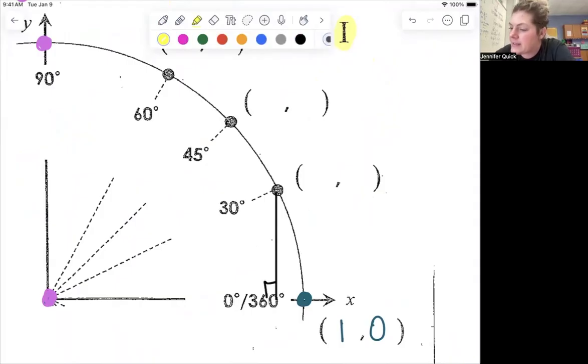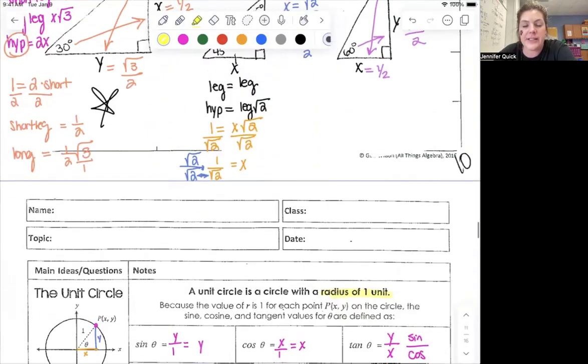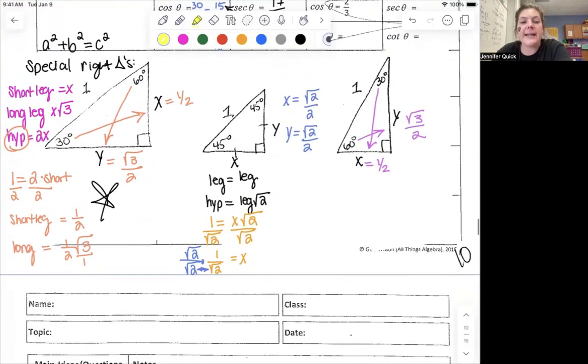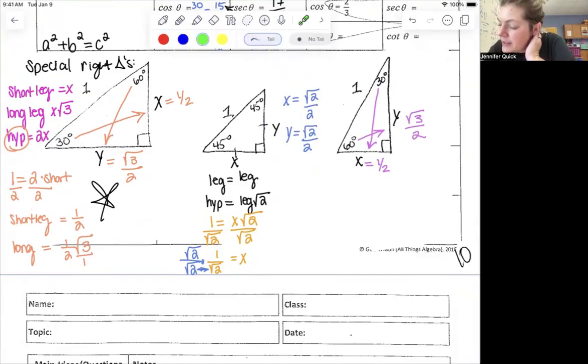Okay, so this is my 30, 60, 90 triangle. If I look back at what we did yesterday, or the last video, this longer side right here, and let me point to which we're looking at, this right here is going to be the x value of the coordinate.